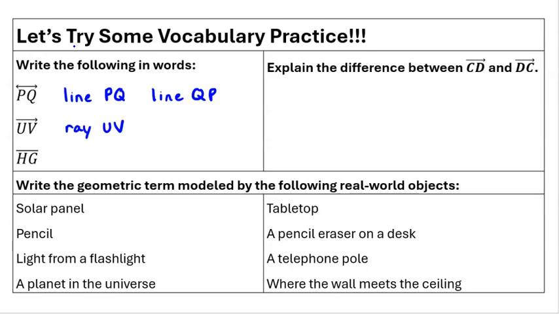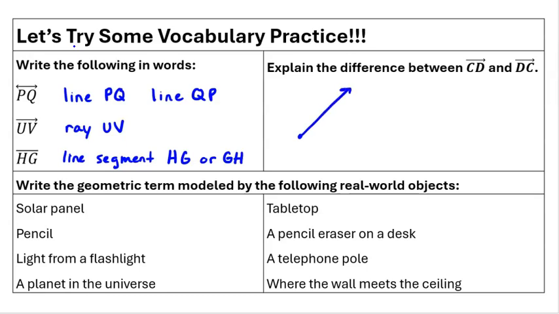This third one here, we see that there is no arrows on either end, and so this is going to be line segment HG, or you could say line segment GH. Now, for explain the difference between ray CD and ray DC, first you need to be able to recognize that these are rays based on these symbols up top.